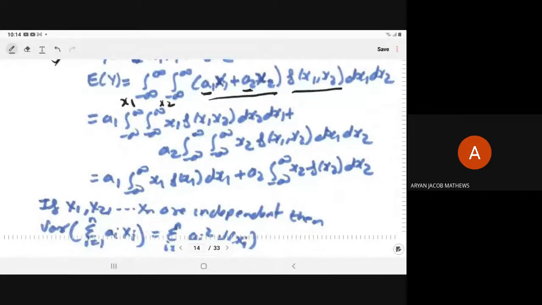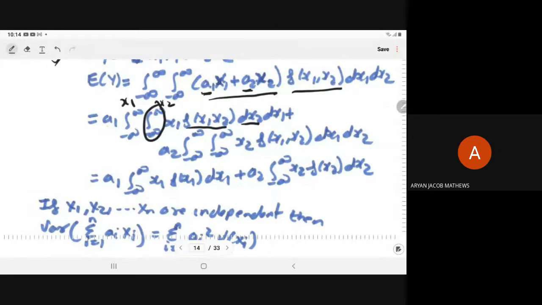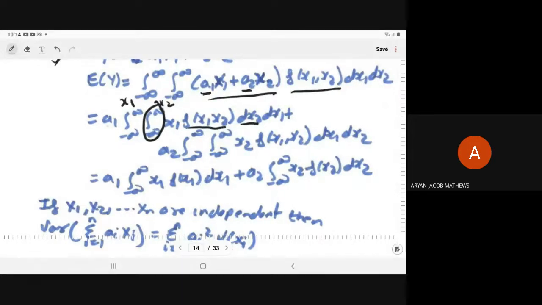So if you take this integral, this function, and you are integrating the joint PDF with respect to x2, it means you are computing the marginal density, that is f of x1.